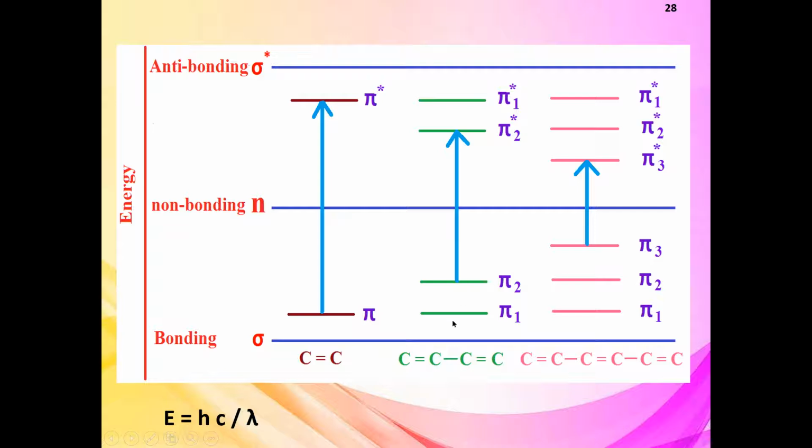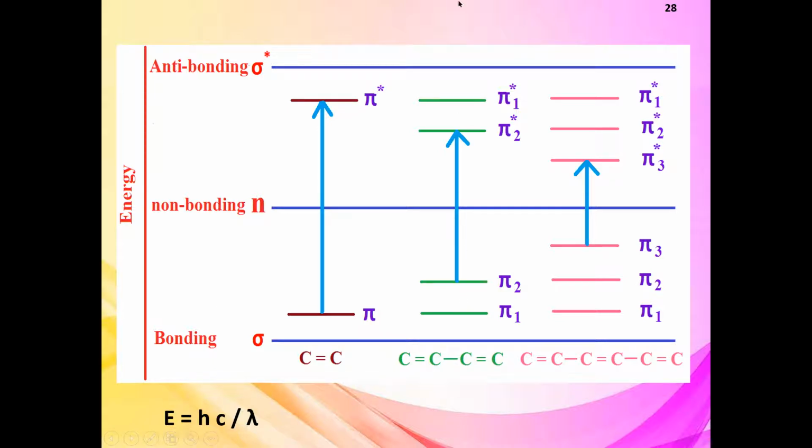This is due to the fact that when there are conjugated double bonds, they undergo resonance, hence the energy required to excite the electrons will decrease.